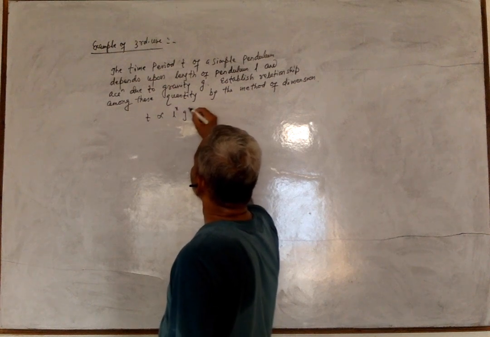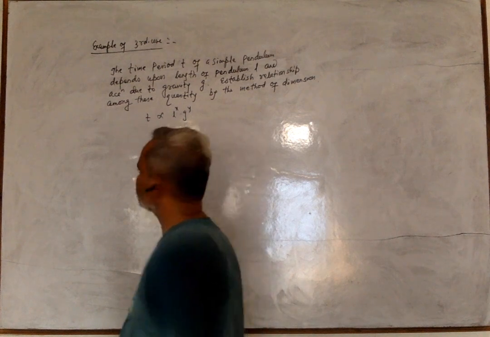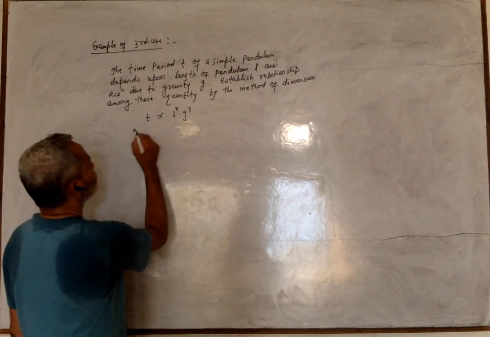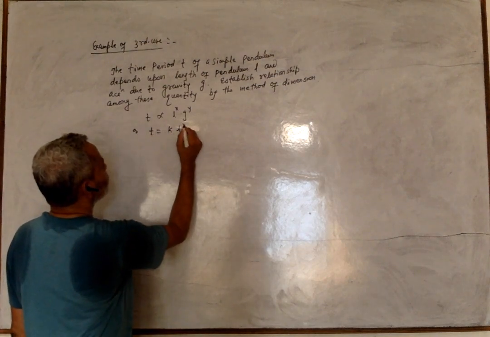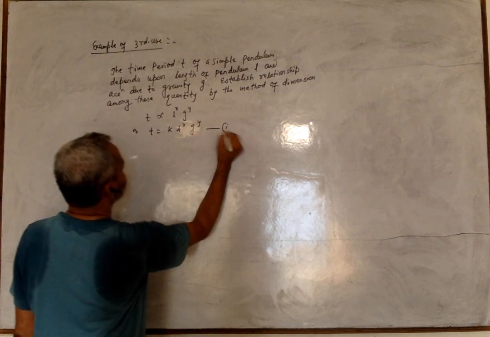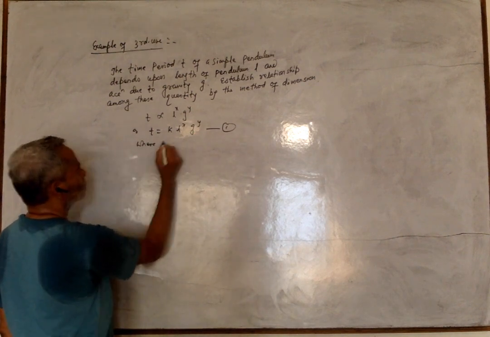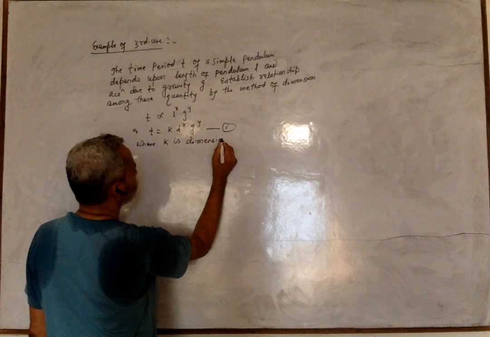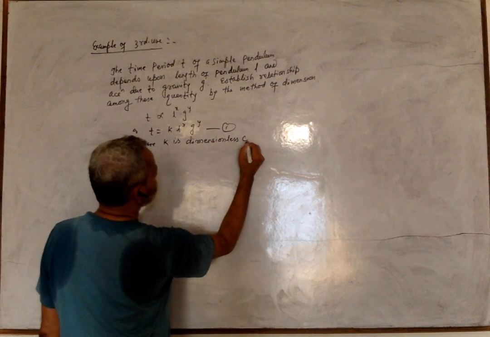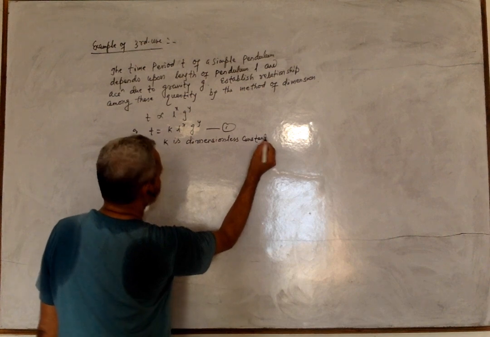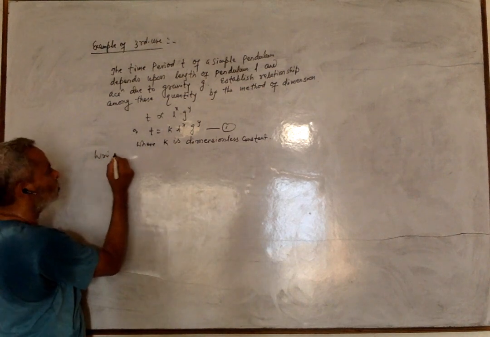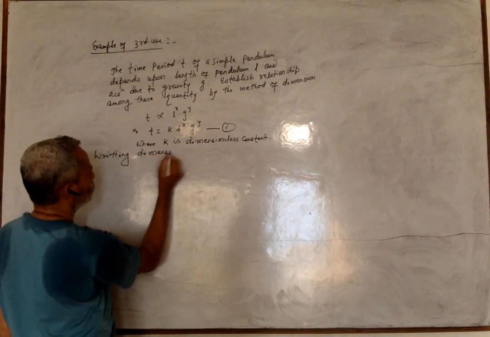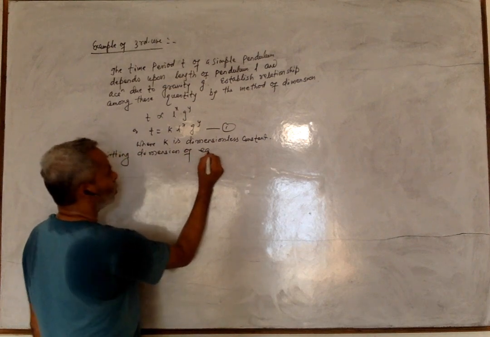Assuming the power of L is x and of g is y, that is T proportional to L^x g^y, or T equal to K L^x g^y, where K is a dimensionless constant. Writing the dimension of each physical quantity.